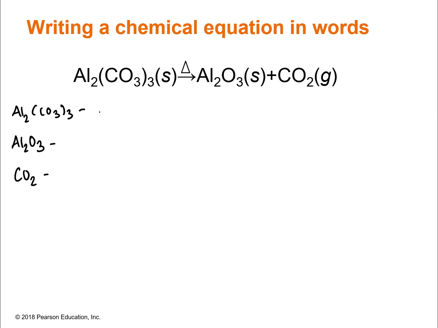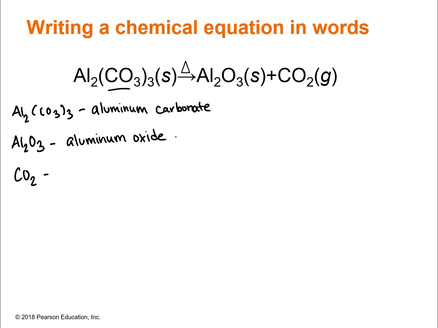The first one is a ternary ionic compound because we have this carbonate ion. Aluminum carbonate. Al2O3 is aluminum oxide.